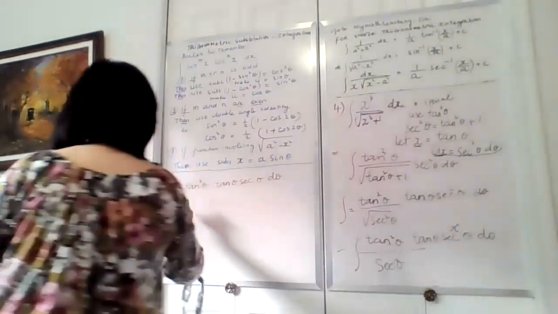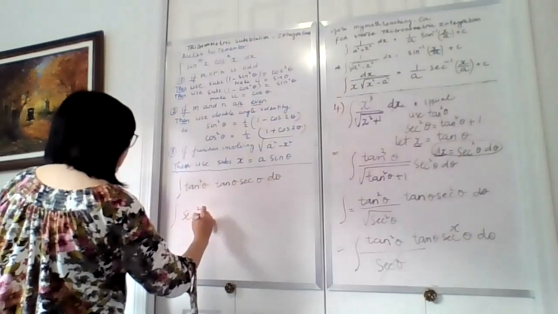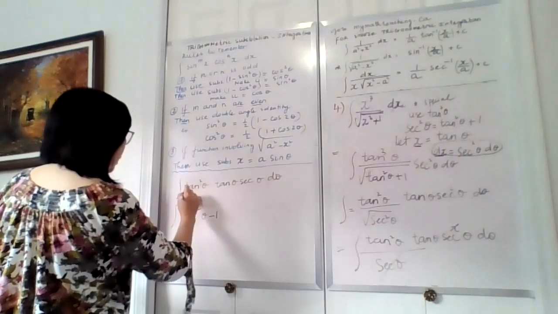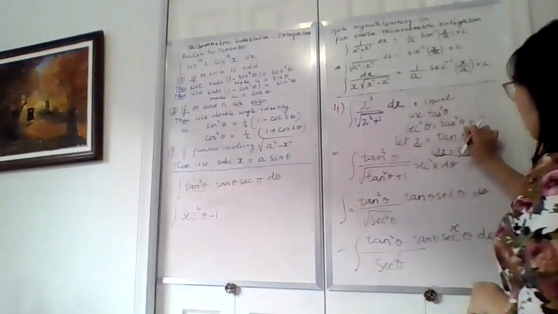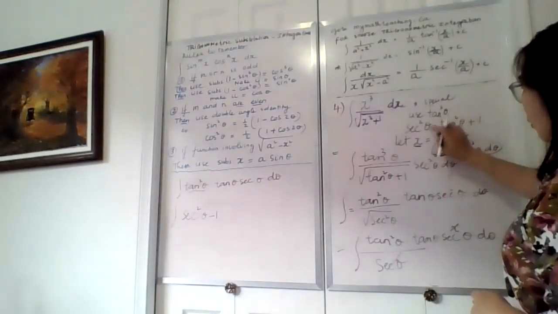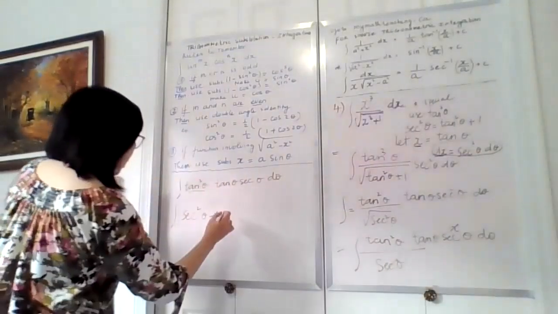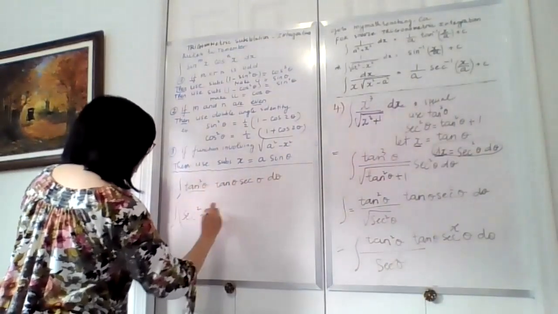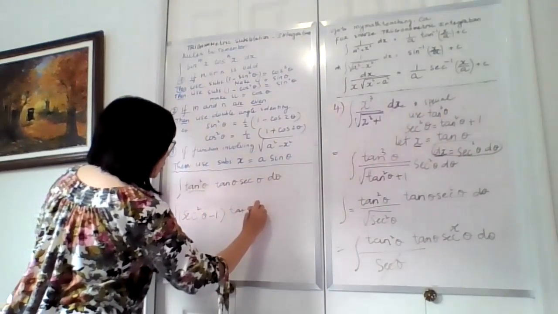So I'm going to substitute this back as secant square theta minus 1. I substitute for that, right? From this trigonometric identity, I just move this number 1 over. I subtract that. It will be equal to tan square theta. So all of this is going to be in the bracket. And out here, I still have this.